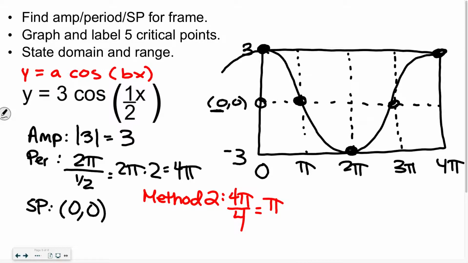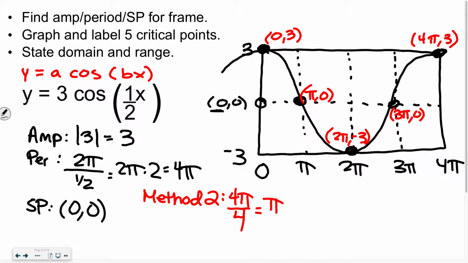Labeling the 5 critical points, super easy now that I labeled all the axes. So this x right here is 0, and this y is 3. This point is 0, 3. This point right here is pi, 0. 2 pi, negative 3. 3 pi, 0, and 4 pi, 3.